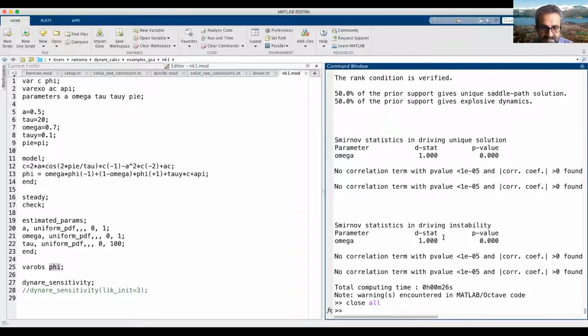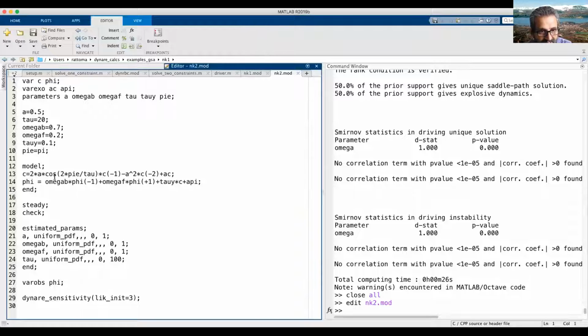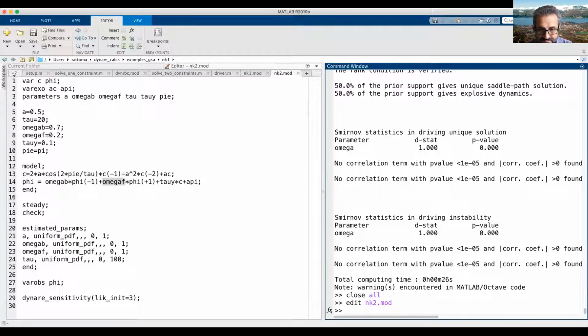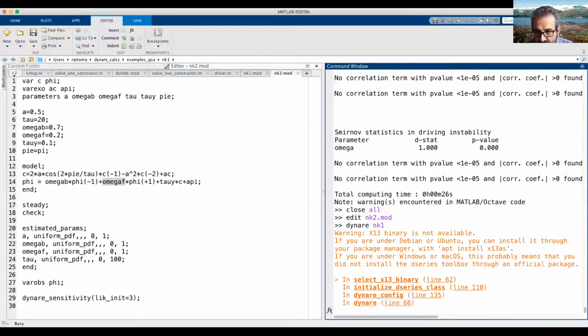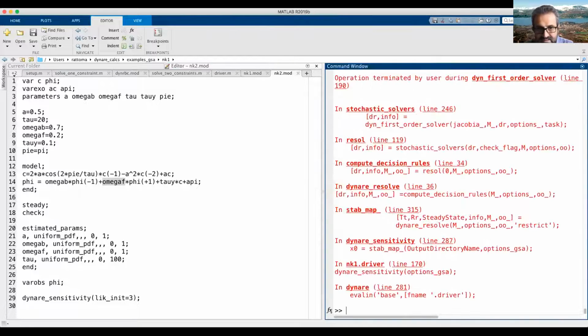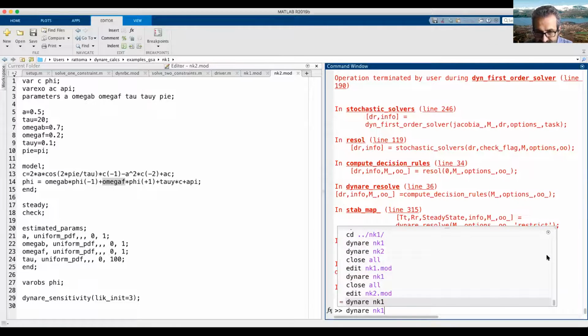So now there is the slightly more complicated version where you have omega b and omega f, and we run again.